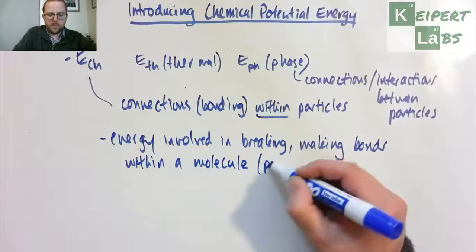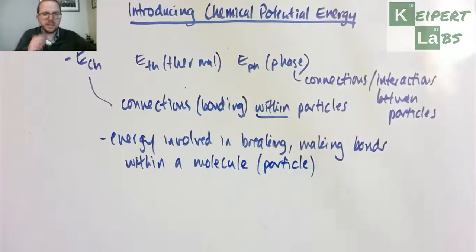Or I put particle more generally just to keep things general enough. Okay, so breaking and making bonds is what happens during chemical change, because we've talked about the fact that chemical change involves rearranging atoms, and when those atoms are connected together in an existing substance, you have to break them apart before you can put them back together in a new way.